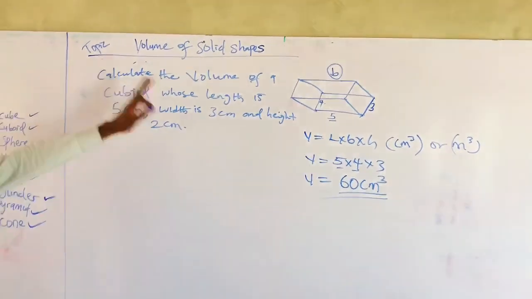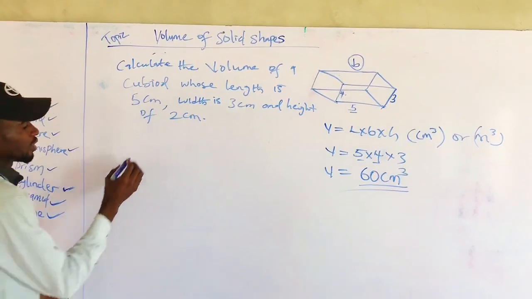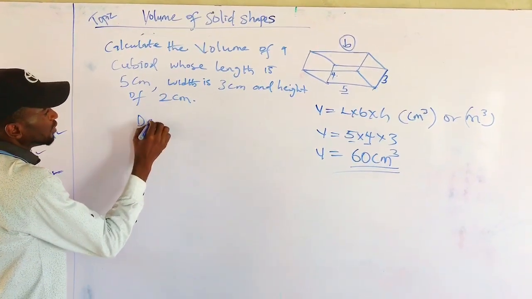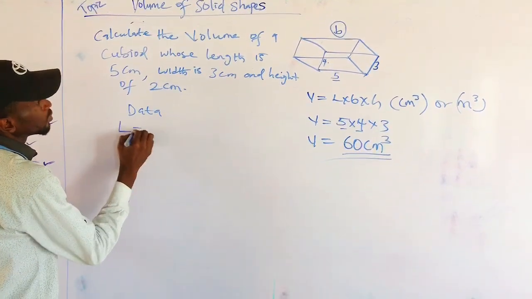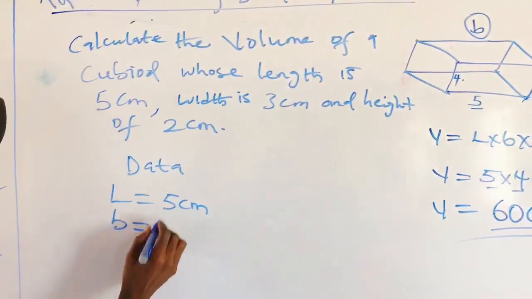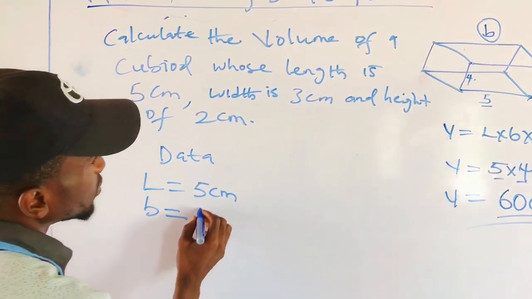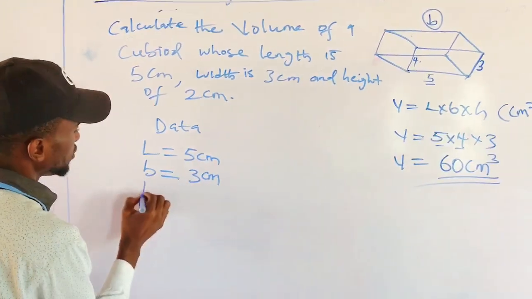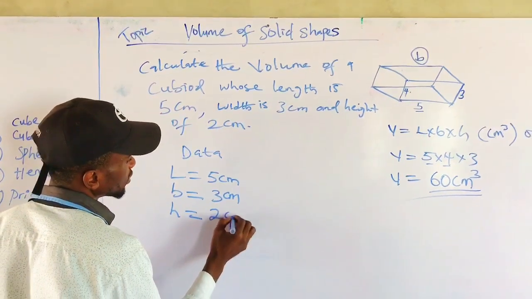The question may come in a theoretical form like this. All you just have to do is to take out your data. Your length is equal to 5 centimeter. Your breadth, which is your width, is equal to 3 centimeter, and your height is equal to 2 centimeter.